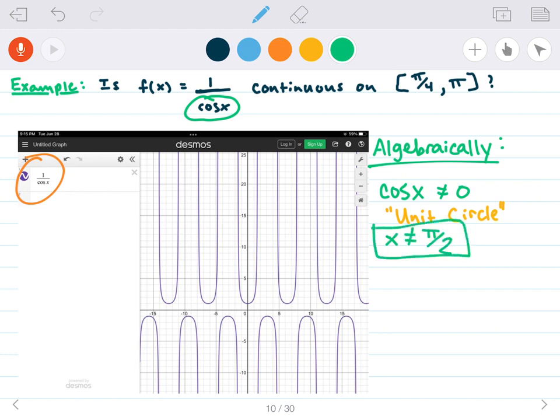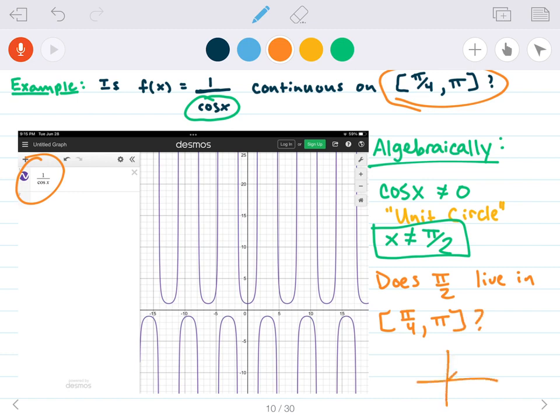And so the question is, does pi over 2 live in this interval? Well, the answer is yes, because if you remember the unit circle, pi over 4 is right here, pi is right here, and pi over 2 is up top. So yes, pi over 2 does live between pi over 4 and pi.